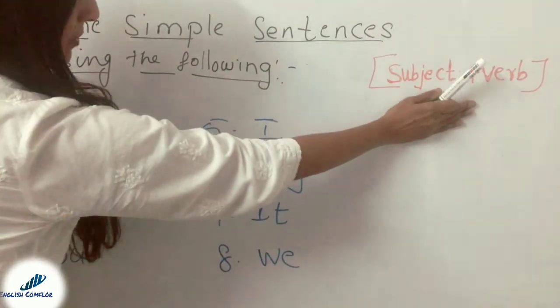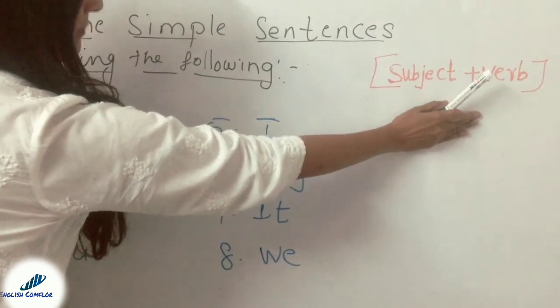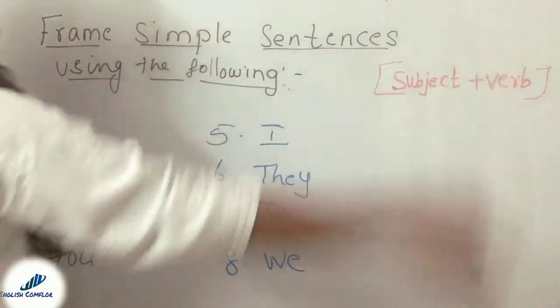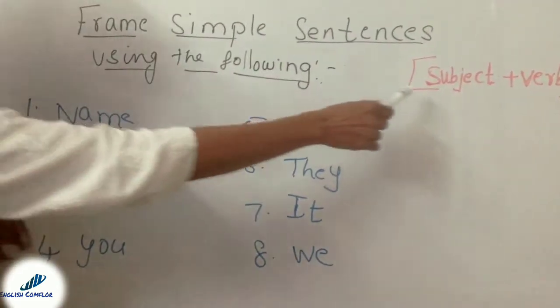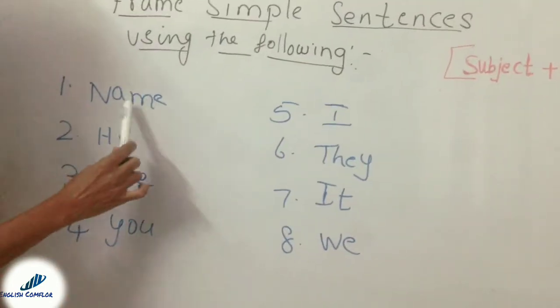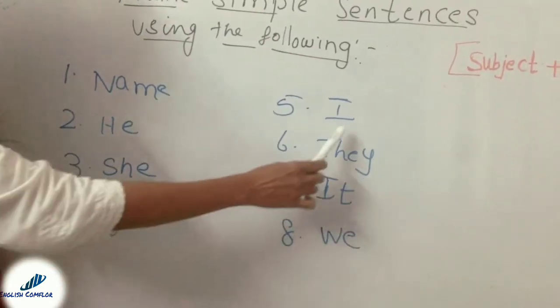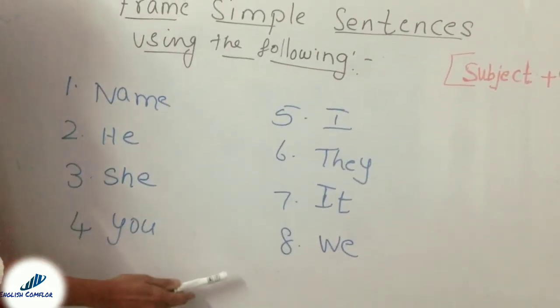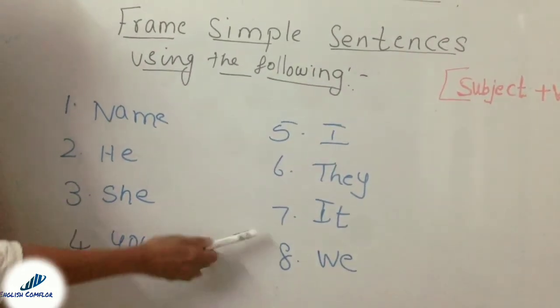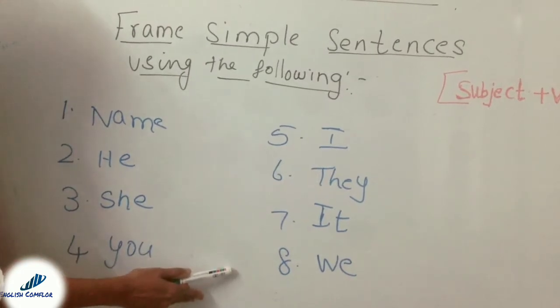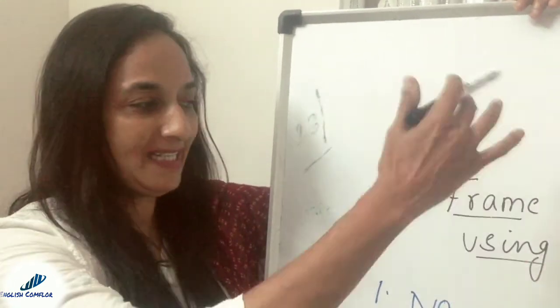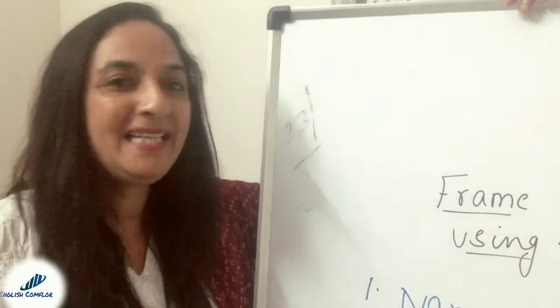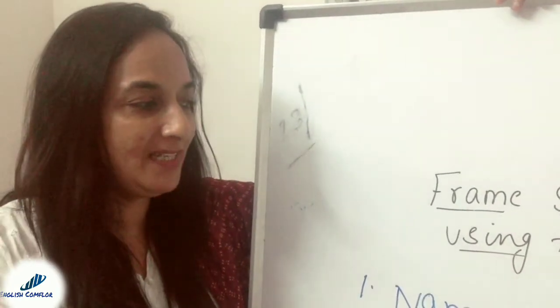We just concentrate on the subject plus verb, which is going to be very simple for you. Now I have given you some subjects like name, he, she, you, I, they, it, we. Now you only have to add the verb according to the rule which I have given you today. So this is your task.